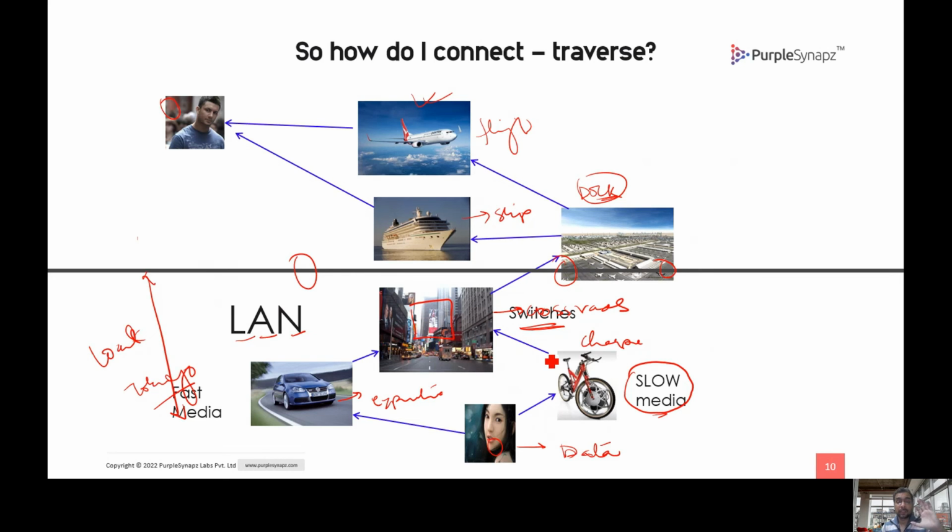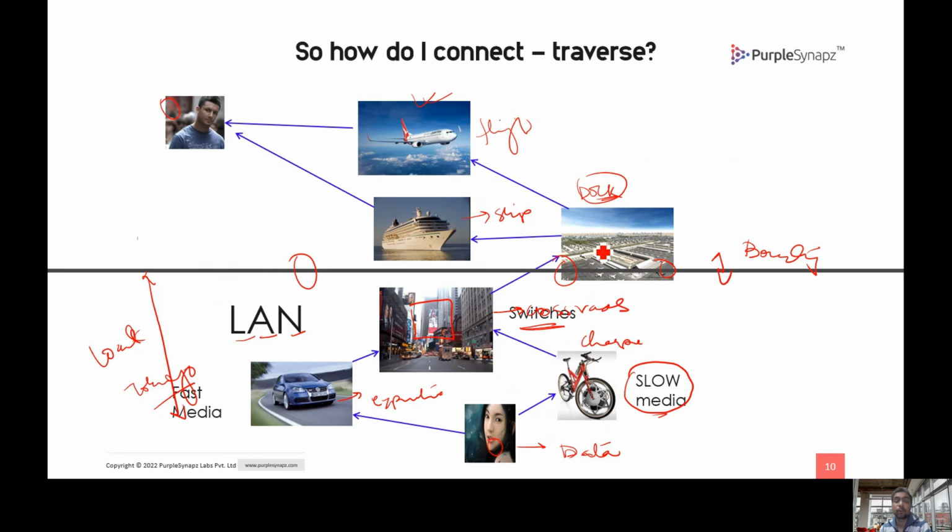Okay. Now, what is a switch? How does it function? You are going to learn about it, but you have to understand the job of the switch. It takes the data from different roads. The media is carrying the data through these different roads onto this place, which is the airport, where the country boundary is being crossed, right?